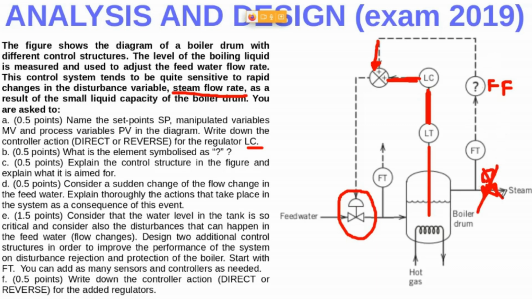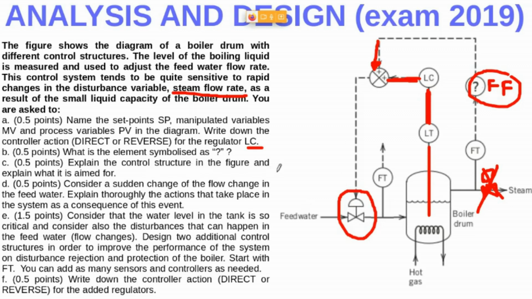So because we don't have that, we can assume that this is an open loop control strategy. And this is a feed forward because it measures the disturbance and then applies the compensation action to the primary loop, the main loop in this diagram, that is the level control loop.